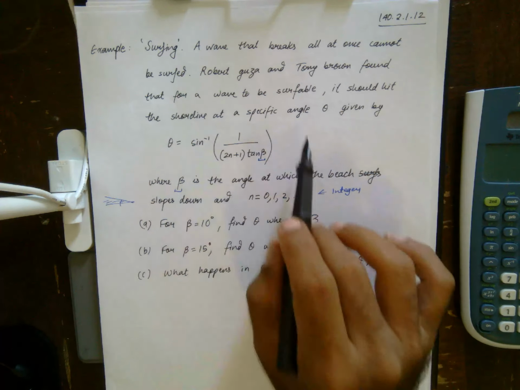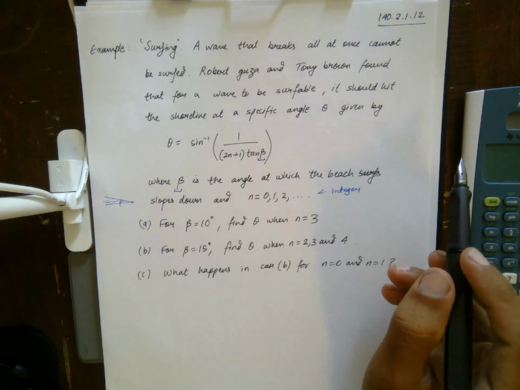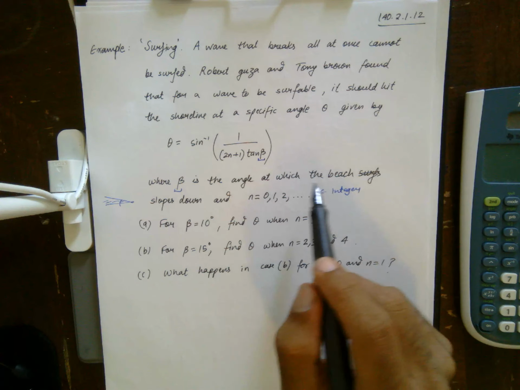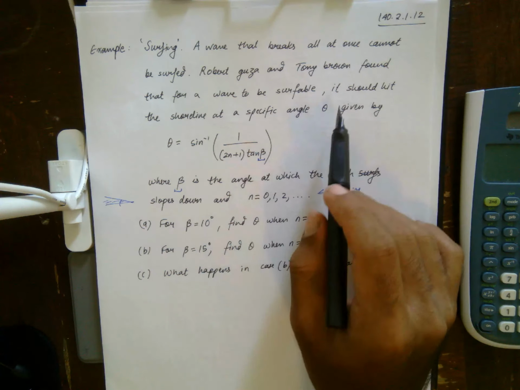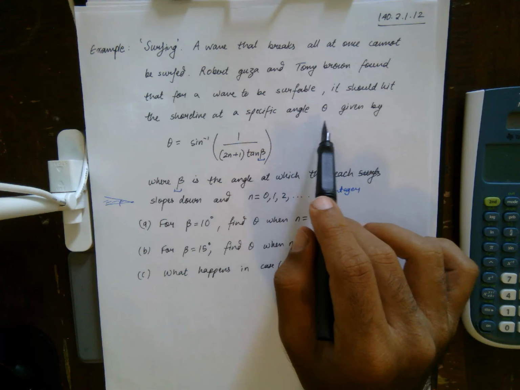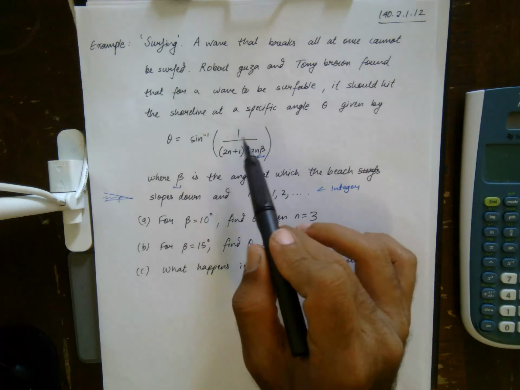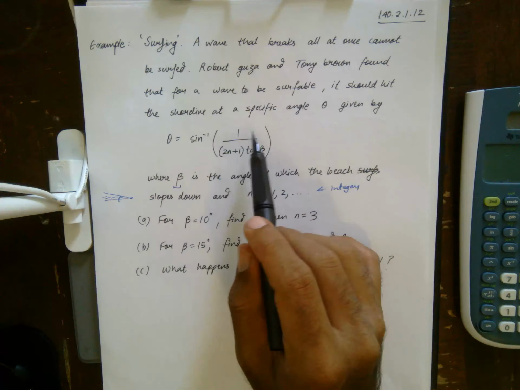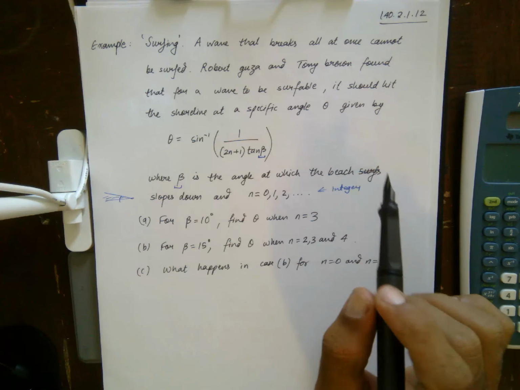So this beta is fixed for a beach. Every beach has this angle at which it slopes down. And then the waves coming in hit the shoreline at different angles. But if they hit it at angles that are solutions to this, then those waves are surfable.